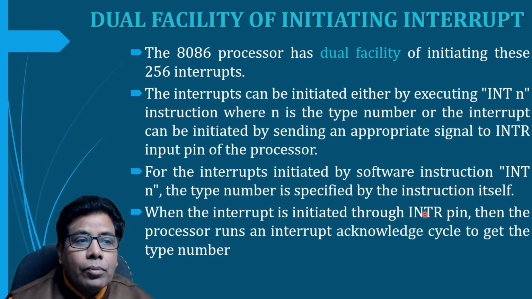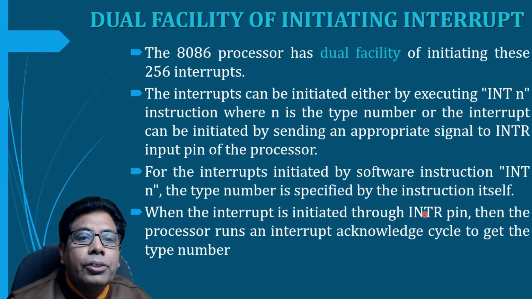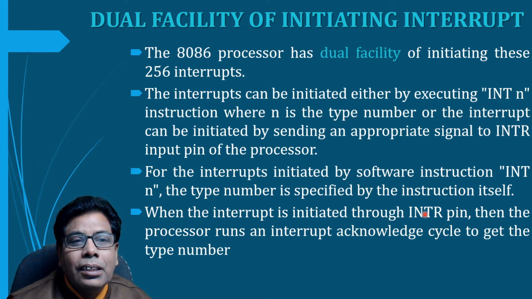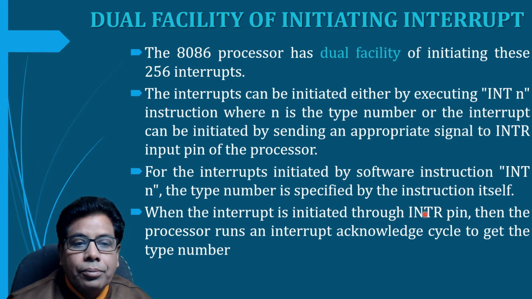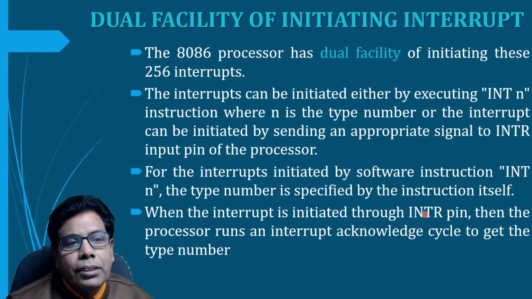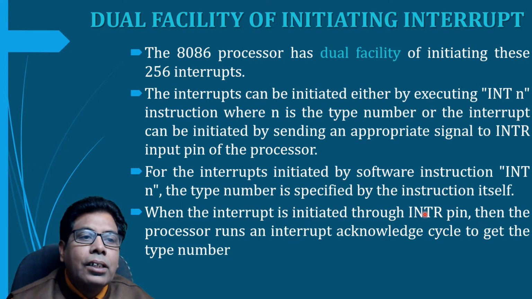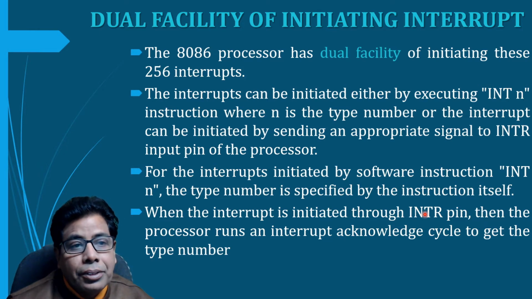So here what is important is the dual facility, because this thing will confuse you later on. So totally 8086 and 8088 have 256 interrupts.